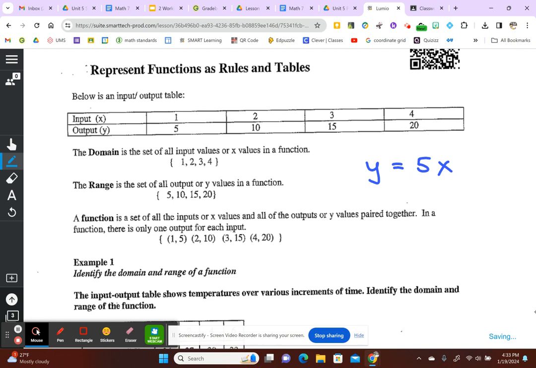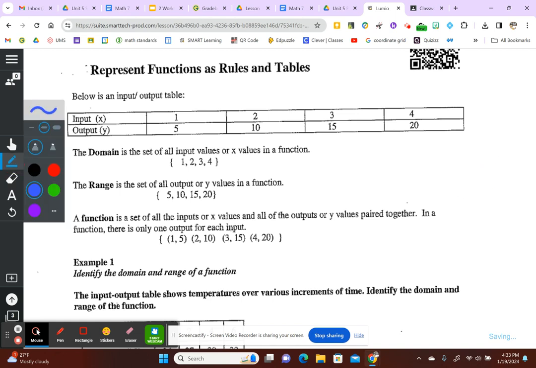Because every time you put the input of 1 here, 5 times 1 is 5, you get an output of 5. If you put an input of 2, 2 times 5 is 10, you get an output of 10, etc. Now, the reason this is a function is because every time you put a specific input in, you only get one output per that input, and that's what a function is.